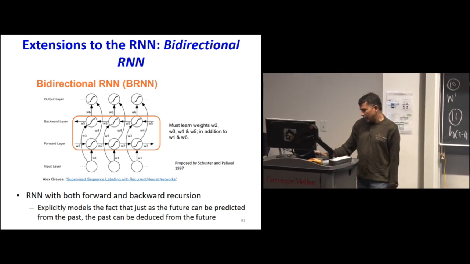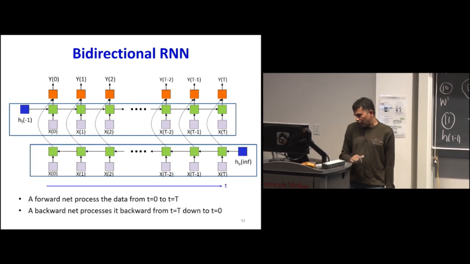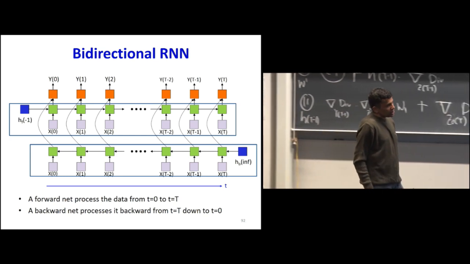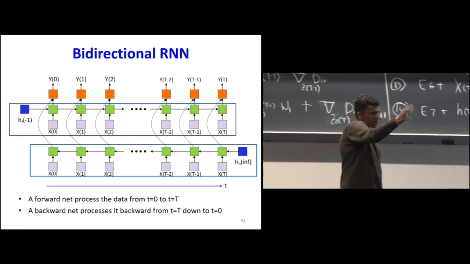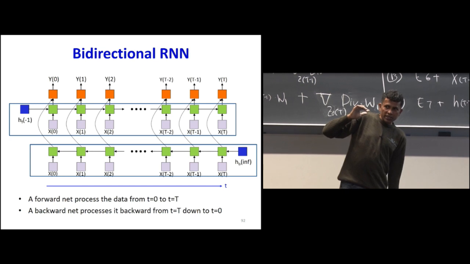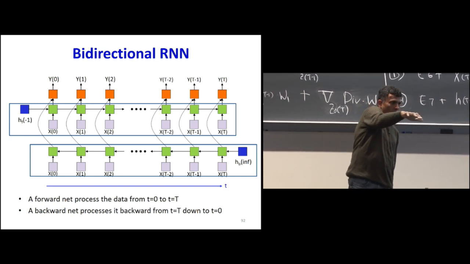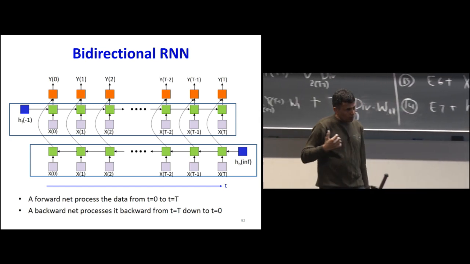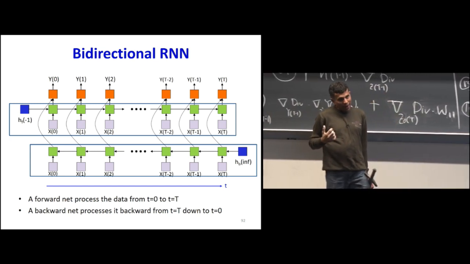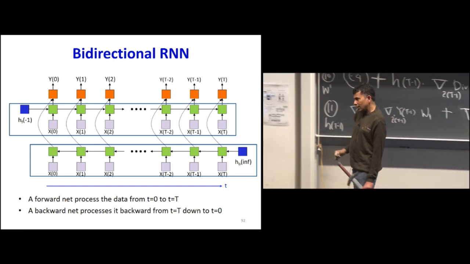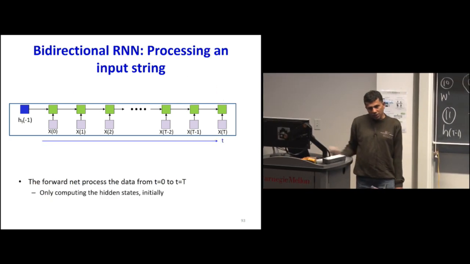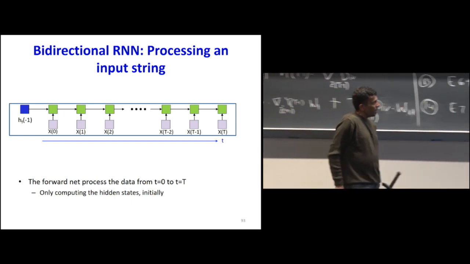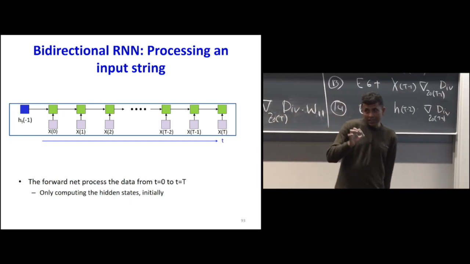So there are actually two distinct components to this network. There's a forward network, which processes inputs from 0 going forward to t. There's a backward network which processes inputs going from t back towards 0. The way you would perform your predictions is that you would first pass your data forward through the network and compute all the hidden values, all the state values.